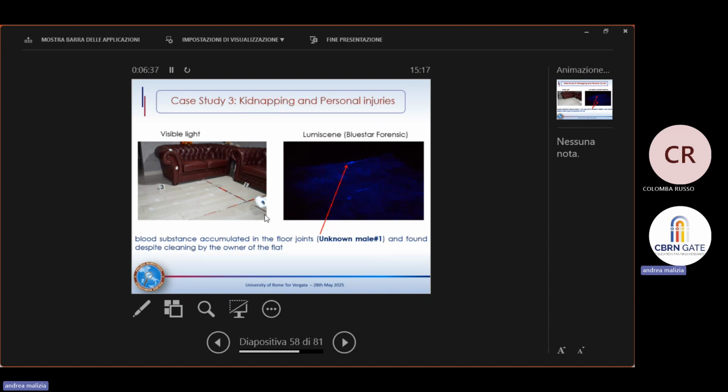Here you can see the line, because despite cleaning completely with sodium hypochlorite, some blood remained on the joints of the floor. So blood substance accumulated in the floor joints, and an unknown profile, male 1, was found.